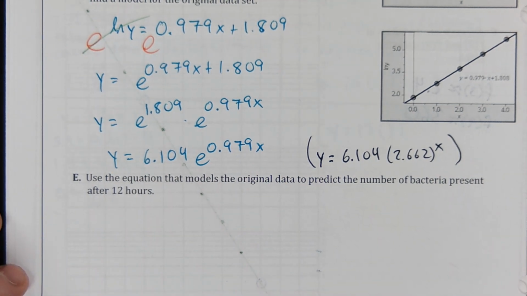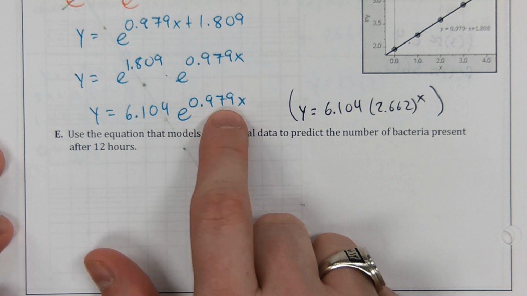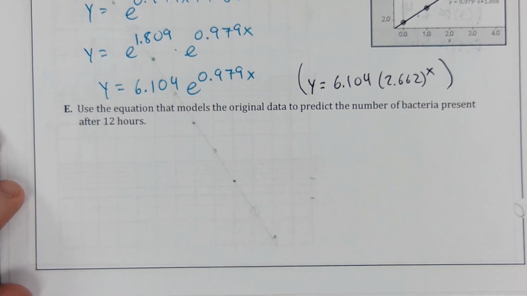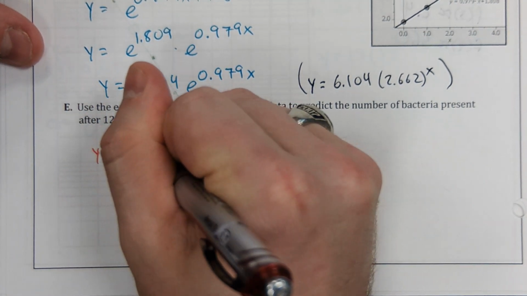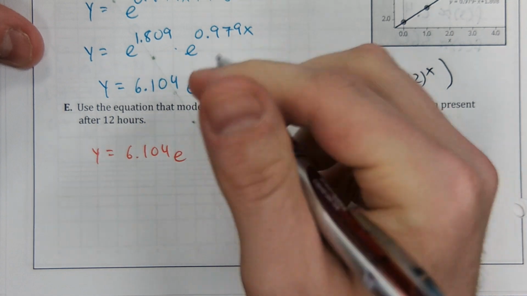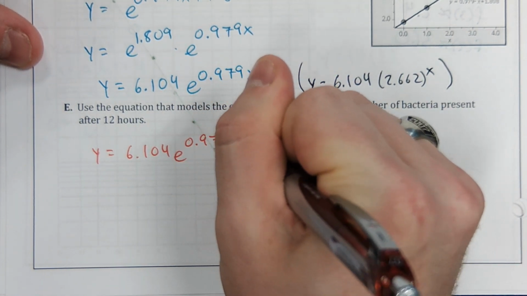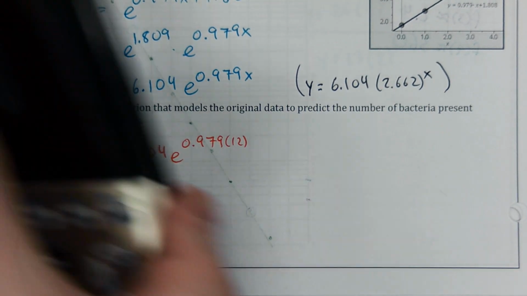It's a good model. It says use the equation that models the original data to predict the number of bacteria present after 12 hours. And you literally just have to drop a 12 into here. So y equals 6.104 e to the 0.979 times 12. And remember, this is in thousands of bacteria.